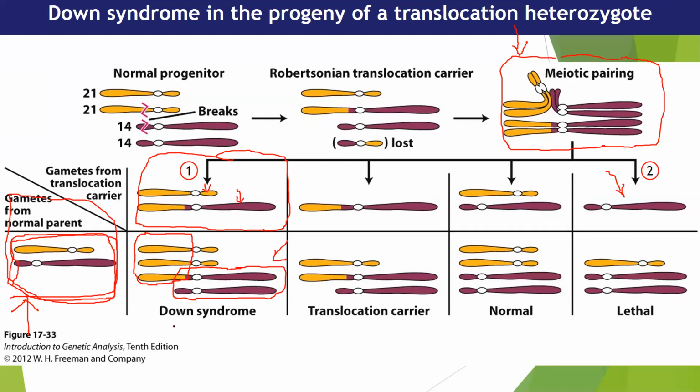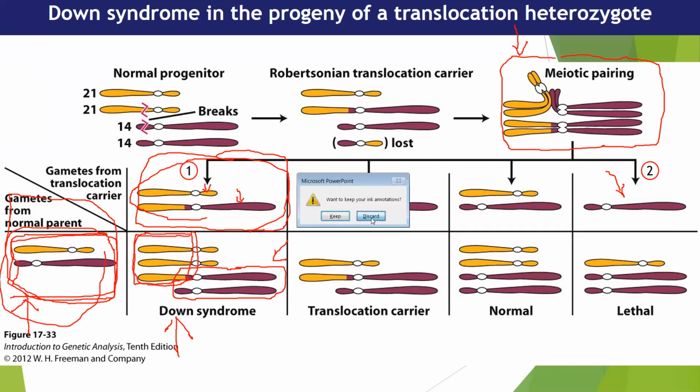In this case it's the same: because this gamete comes together with the normal gamete, this individual will have almost 3 copies of chromosome 21. So this is Down syndrome. Let me erase this.